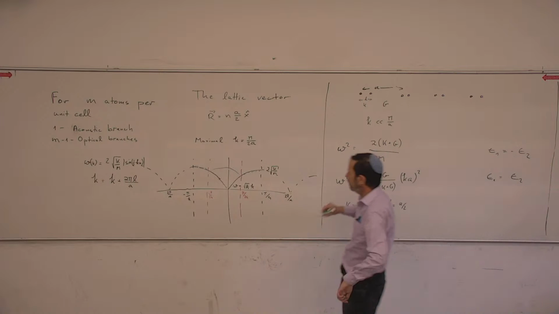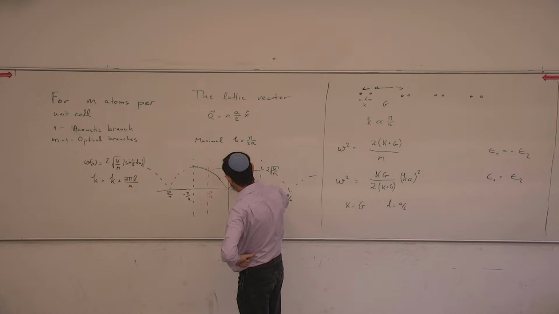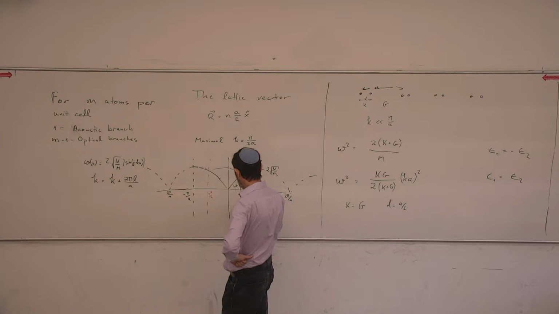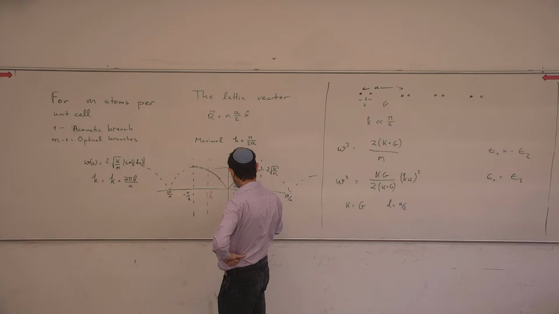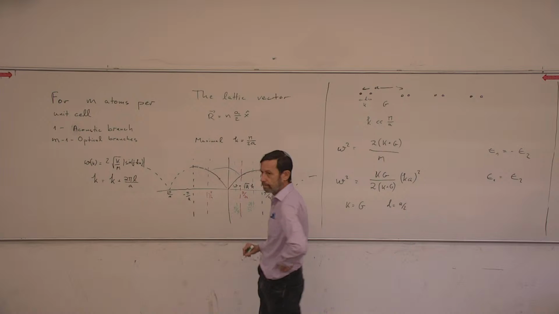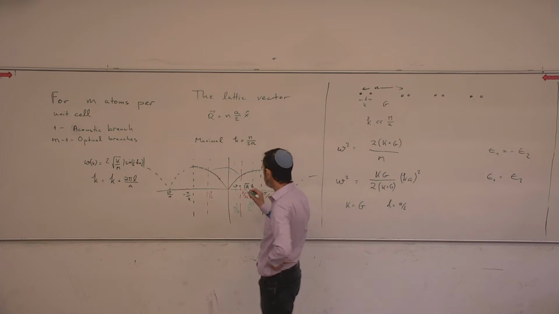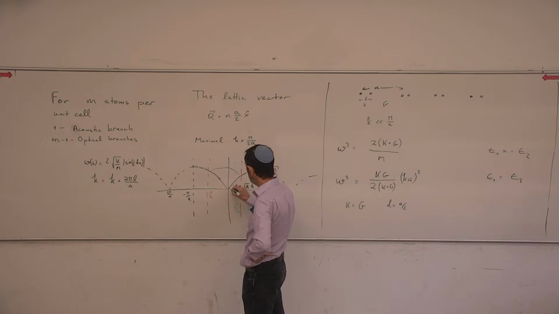I'm going now cutting it to 3. Okay? So pi over 3A, 2 pi over A. So this one remains in place.